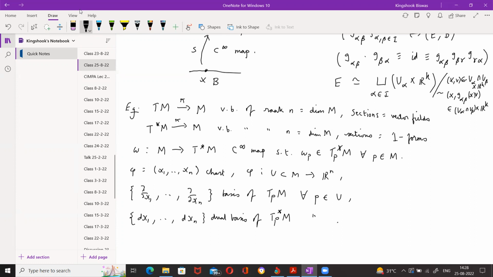And so any omega at p will be some linear combination of the dxi's. So it will be the summation of ai of p dxi, because these are a basis of the cotangent space.